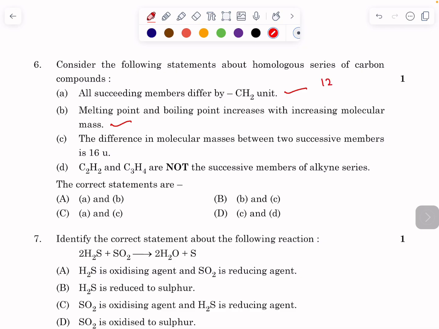Because the carbon atomic mass is 12 and hydrogen atomic mass is 1, so the molecular mass differs by 14 units, but here 16 units is given. This is not correct. And acetylene, ethane and propane are said to be successive members of the alkane series, but that is not correct. So which options are correct here? A and B. Option A is matching, so the answer is A.